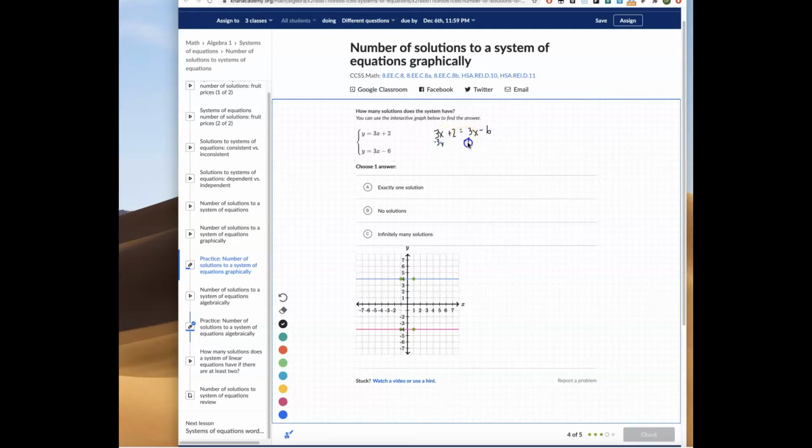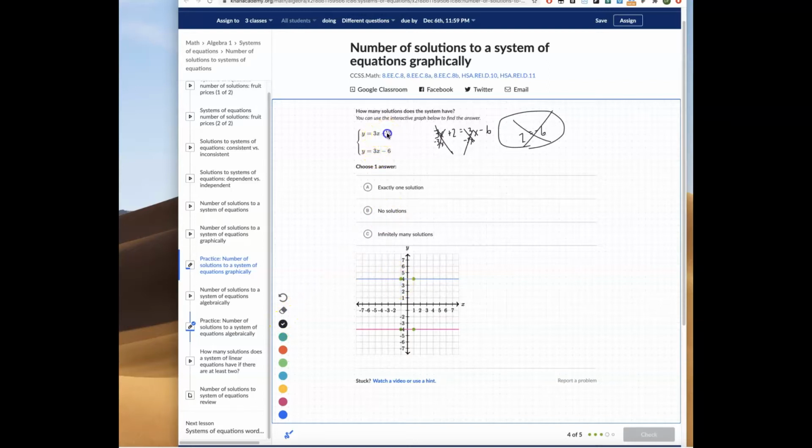It could be like I'm trying to move it to the right or the left. It wouldn't matter. You're doing the same thing. In either case, they're going to cancel. And now I have 2 equals negative 6. Well, when does 2 equal negative 6? It doesn't, ever. So these two lines are going to intersect whenever this is true, but this is never true. So these two lines are not going to intersect, and there will be no solutions.